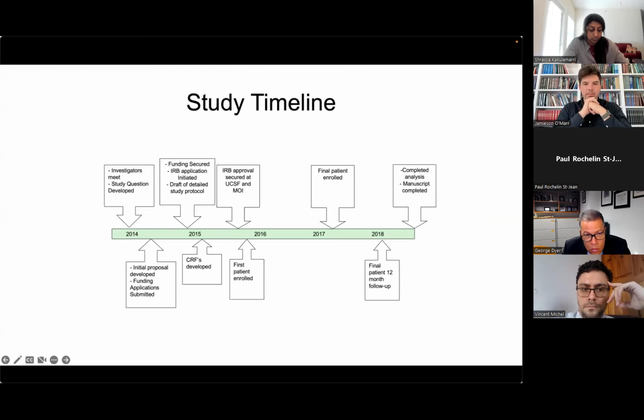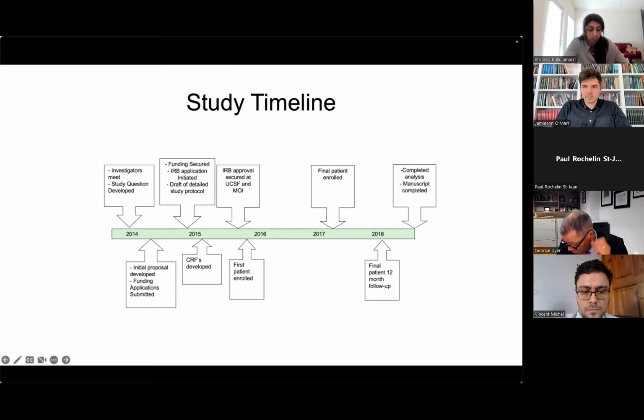We got human subjects approval towards the end of 2015, and were able to begin enrolling patients in 2016. We finished enrollment towards the middle of 2017, and completed final 12-month follow-ups in 2018, which allowed for analysis and completion of our initial manuscripts later in 2018.